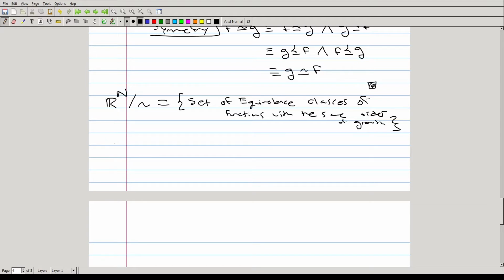Same thing if you consider, say, the set of functions from R to R, mod this equivalence relation.